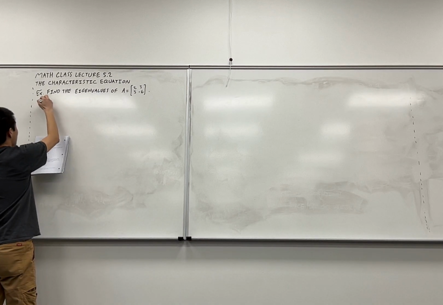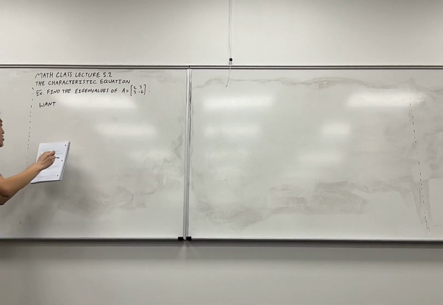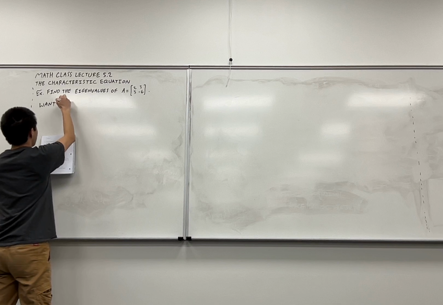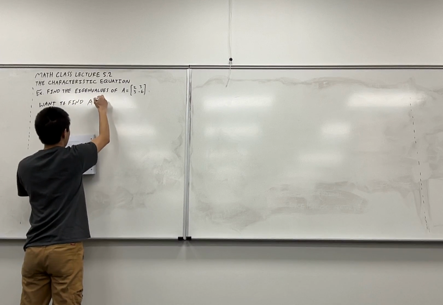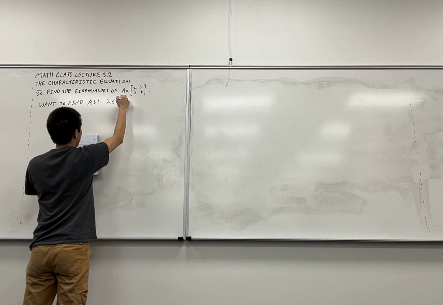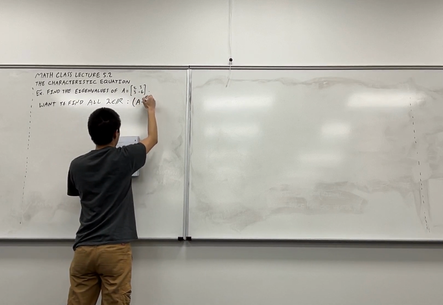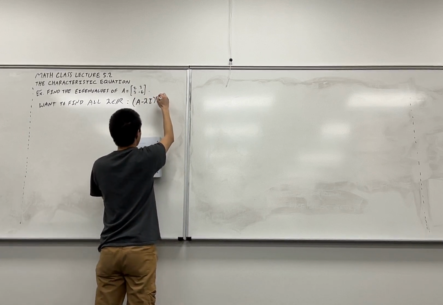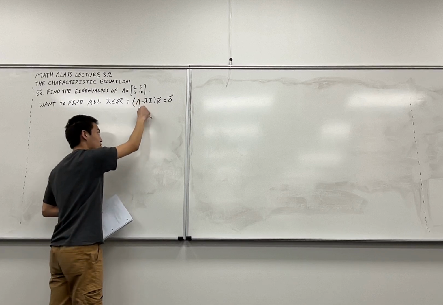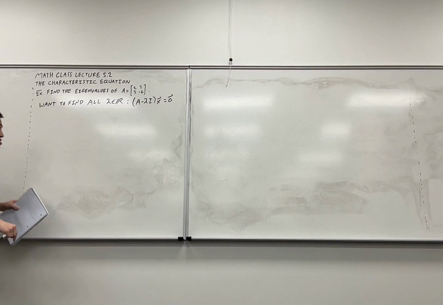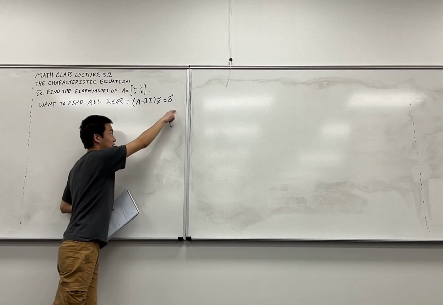So if the task is to find the eigenvalues of a matrix, what I really want to do is find all the possible scalars lambda, such that this specific matrix, A minus lambda I, which you recognize from the previous lecture... In case you don't know where this is coming from, watch the recording of the previous lecture and you'll know exactly where that comes from. And specifically, it's not just that this is a matrix equation.